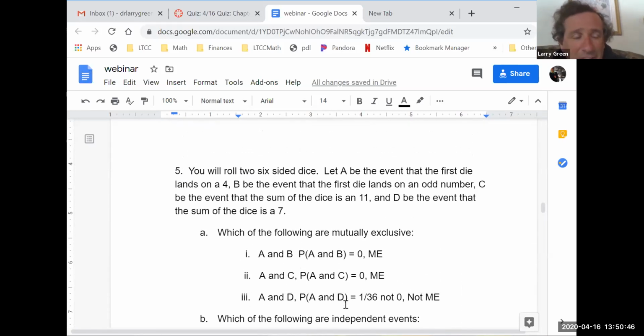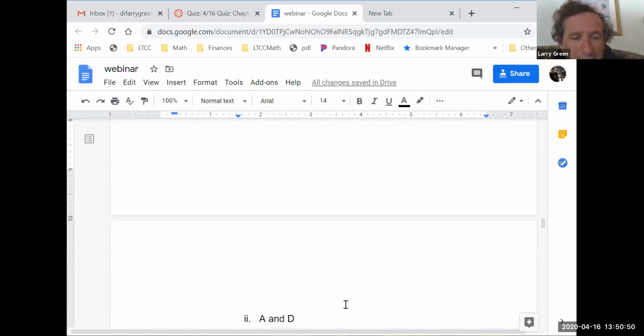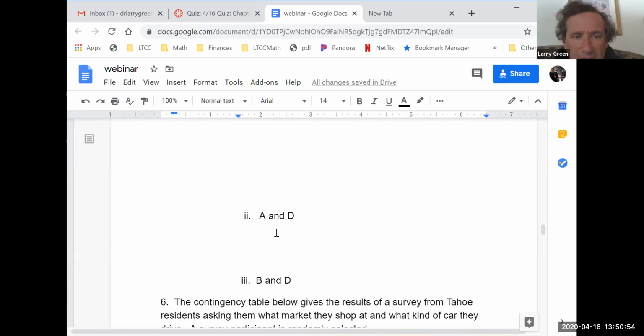So A is the first die is a 4. D is the sum is a 7. So there's different ways of doing this one. So how about the probability of D given A? Well, if the first is a 4, then the way to get a 7 is the second better be a 3.